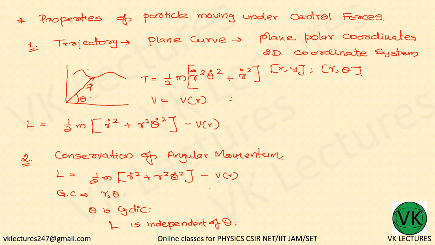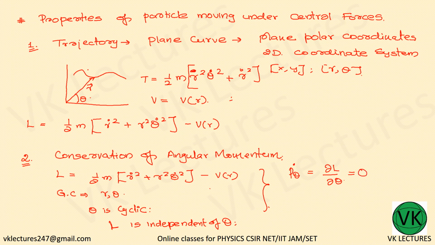Now from this we can write P theta dot, which is equal to dou L by dou theta, which is equal to 0 because Lagrangian is independent of theta.